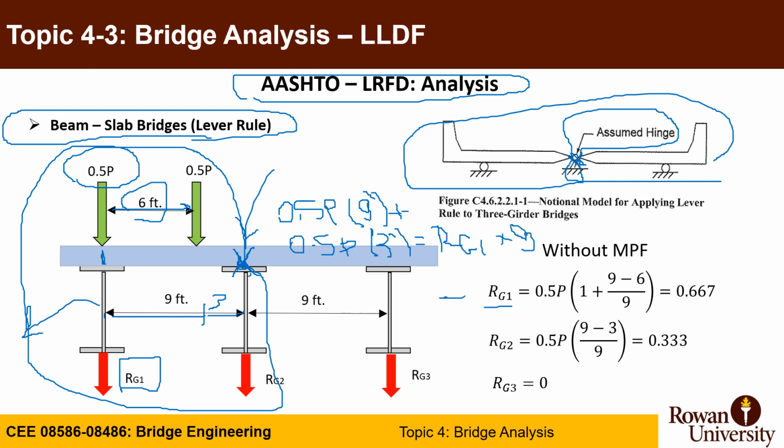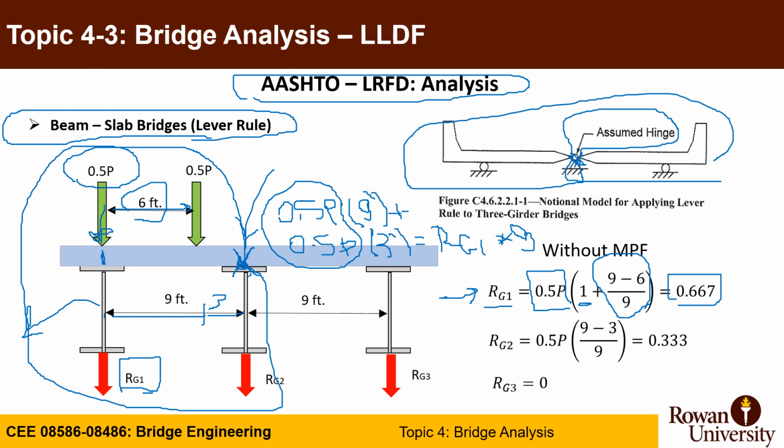If you rearrange it, taking 0.5P as a common factor, it will be 9 over 9, which is 1, plus 3 over 9, which is 9 minus 6 over 9. It gives you that 2/3 of the truck load is going to the exterior girder, because you loaded half already of the axle going directly to this exterior girder.